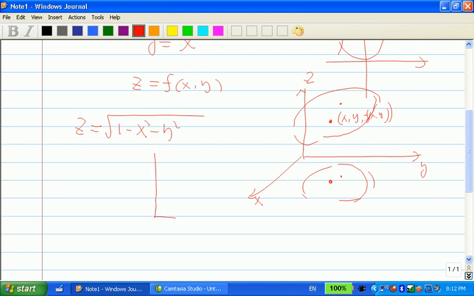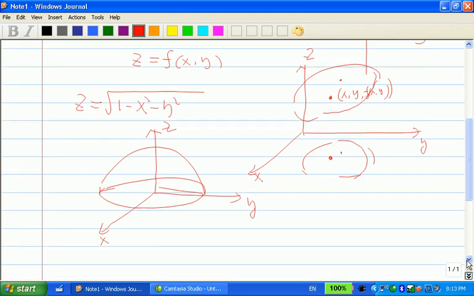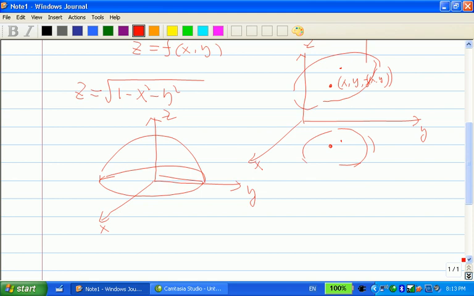For this specific function, what kind of surface is that? In fact, this gives you the top half of the sphere with the origin as center and 1 as radius. So let's use this function as an example and see what it is.